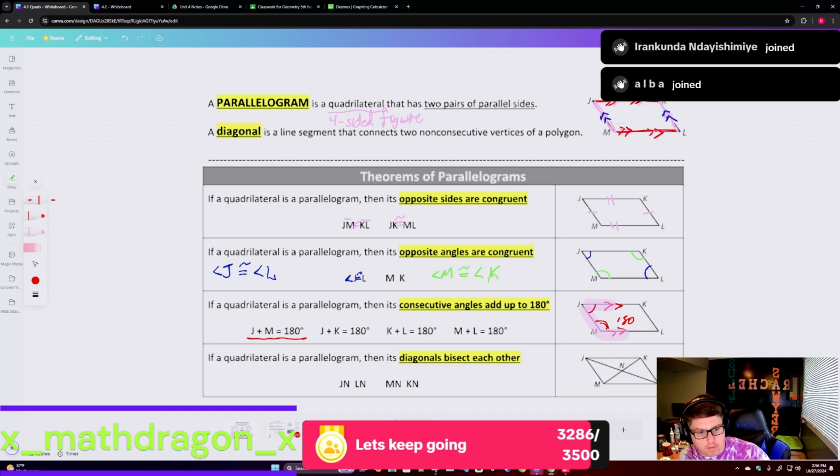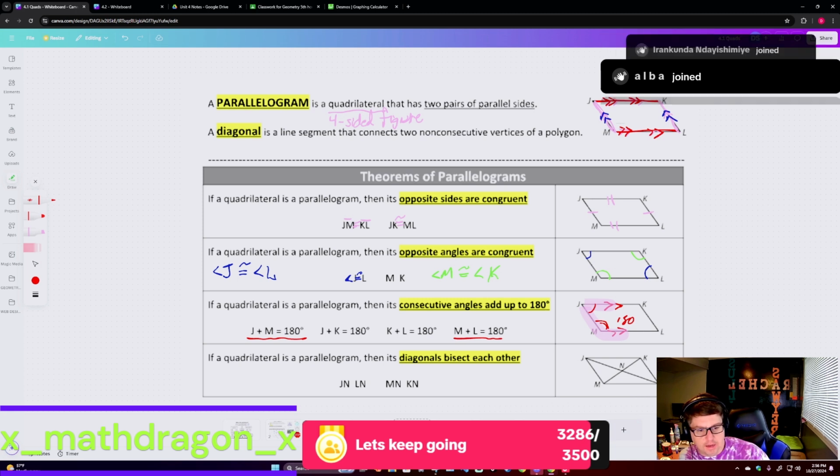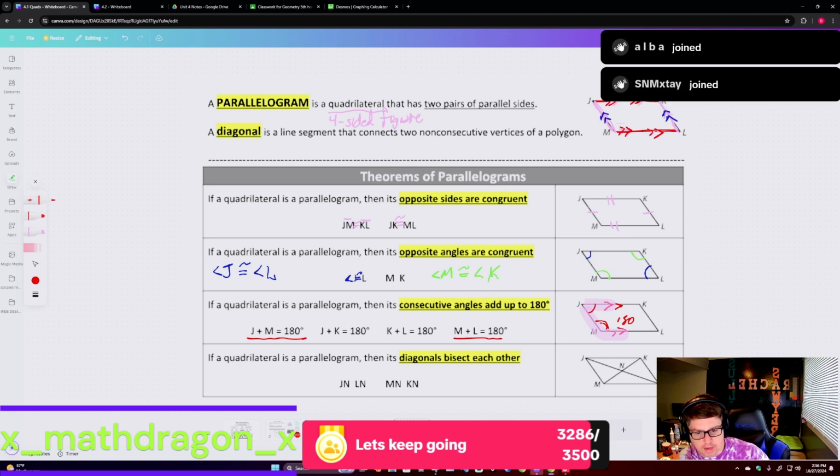M and L, I could do the U shape this way, equals 180 degrees. K and L, do the opposite side, K and L is 180 degrees. And then the top angle and the top angle, one on the left, one on the right, also equal 180 degrees. So you can form those U shapes.